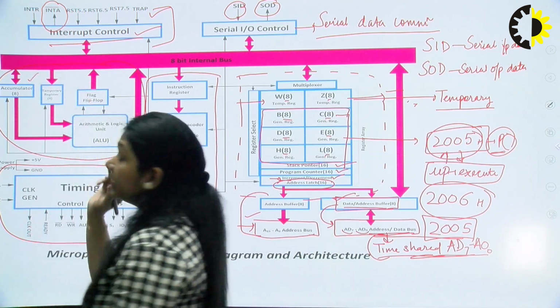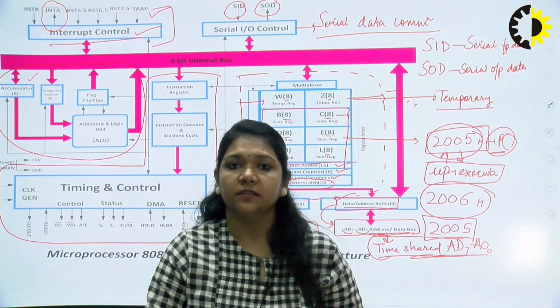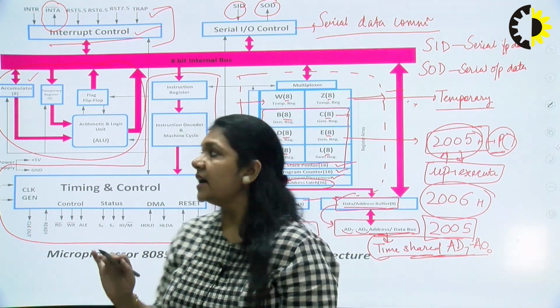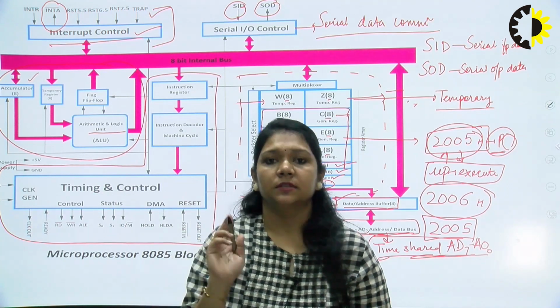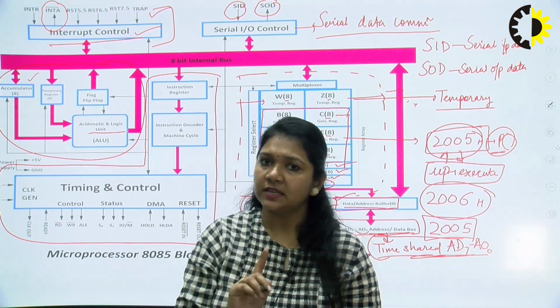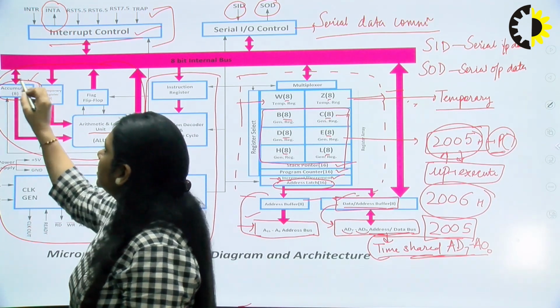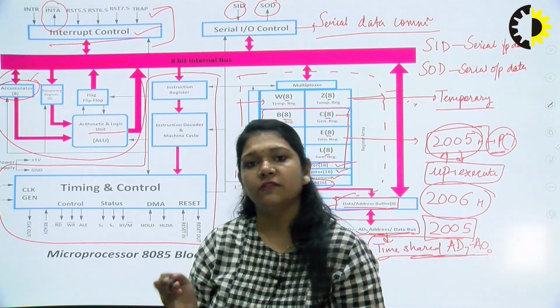Accumulator is also a register. It is an 8-bit register. Suppose we have done an arithmetic and logical operation between two registers, then one register is fixed and that is our accumulator. So this accumulator will also store the result of that operation.